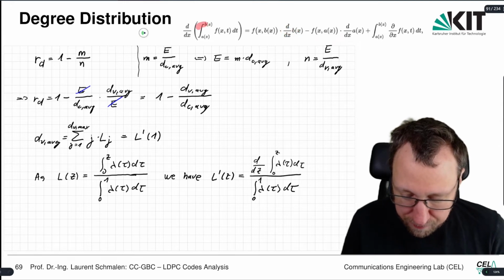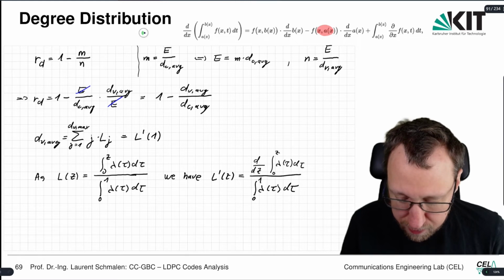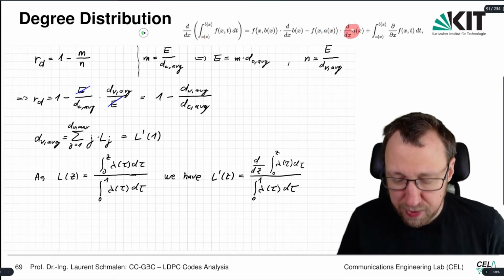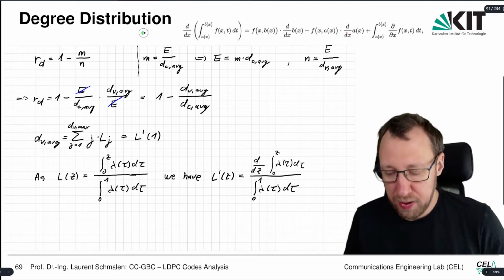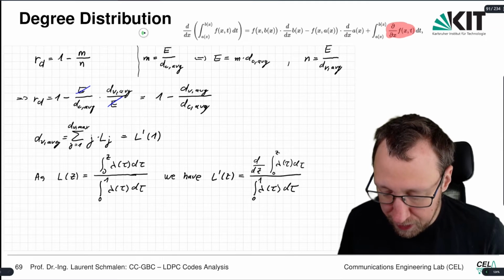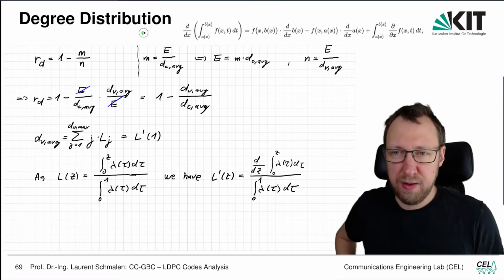Then we need to subtract the function evaluated at the lower limit of the integral times the derivative with respect to the lower limit of the integral. And then we need to derive the function with respect to the variable.